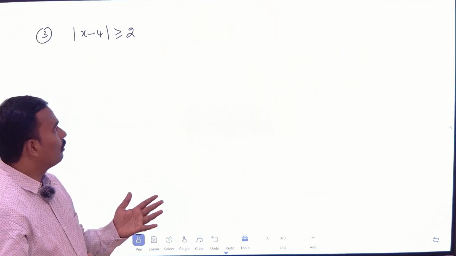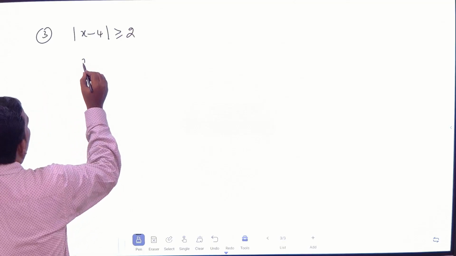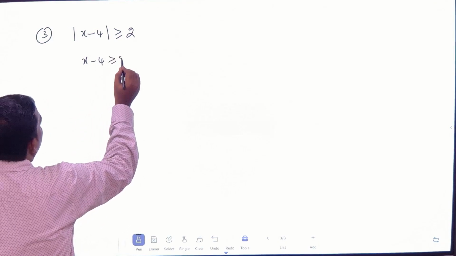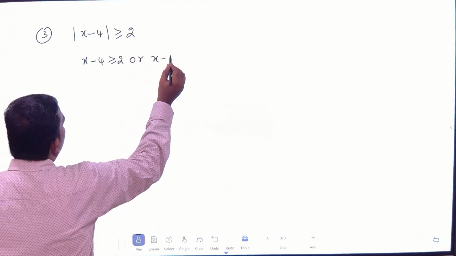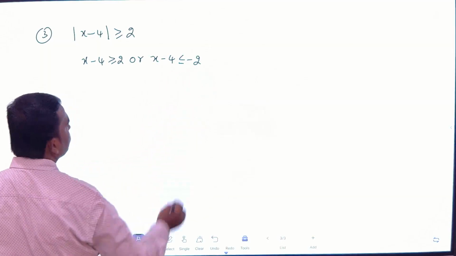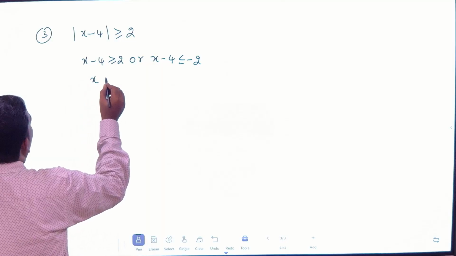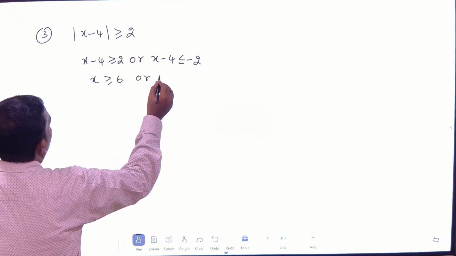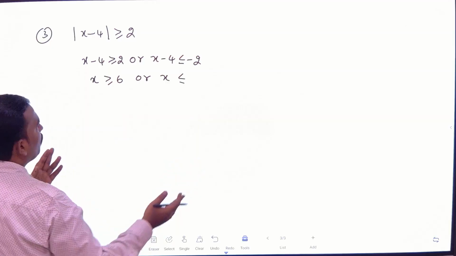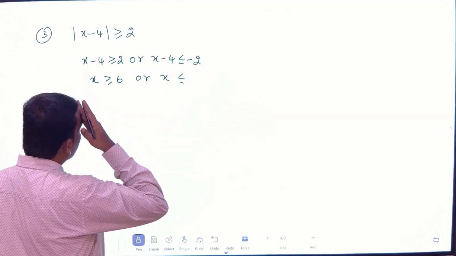The same idea: x minus 4 should be greater than or equal to 2, or x minus 4 is less than or equal to minus 2. Now we need x, so adding 4 on both sides, x is greater than or equal to 6, or x is less than or equal to 4 minus 2, which is 2. Clear?